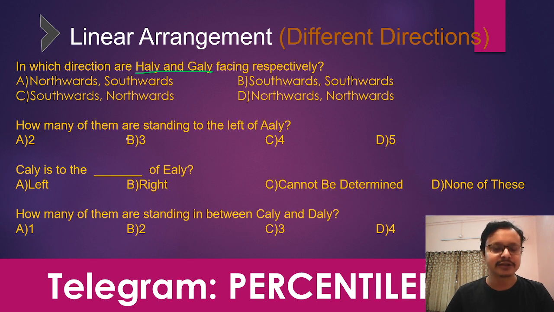The second question asks how many of them are standing to the left of Halley. The third one asks Galley is to which position with respect to Yali. And the fourth and final question asks how many of them are standing in between Cali and Dali. So these are the 4 questions in the set.